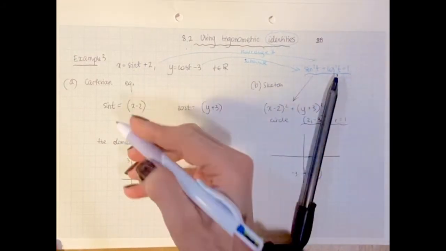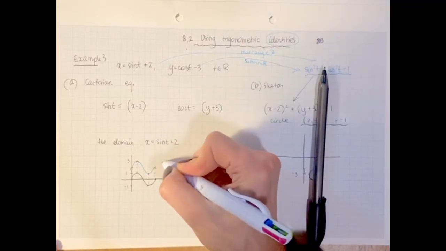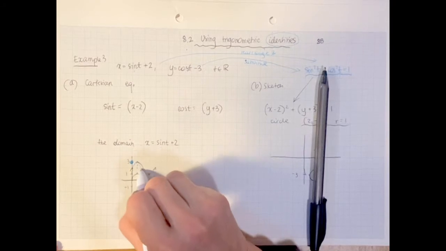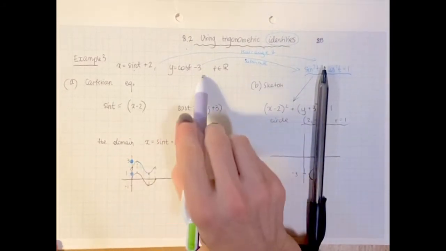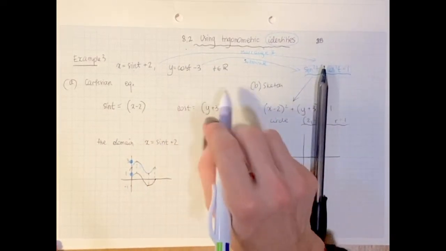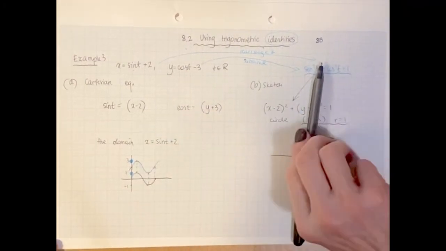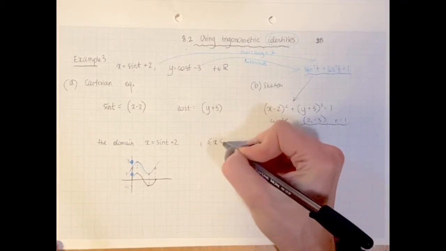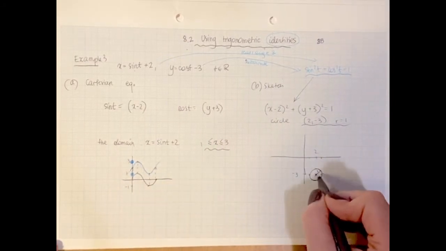So you'll be getting this sketch instead. You're going to get anything between 1 and 3, 3 is included, and 1 is included, because t goes forever, so you can have all the values, but just between 1 and 3. So x is between 1 and 3, which is confirmed by looking at the graph.